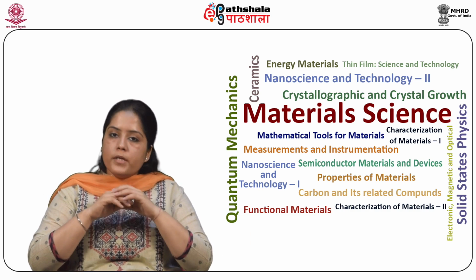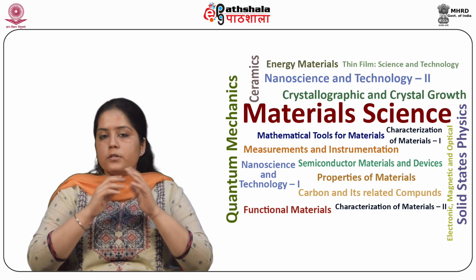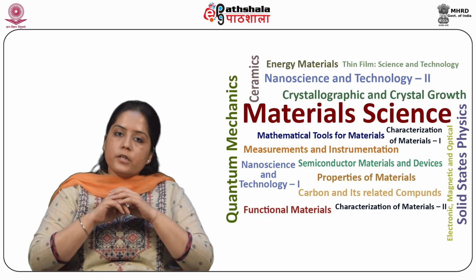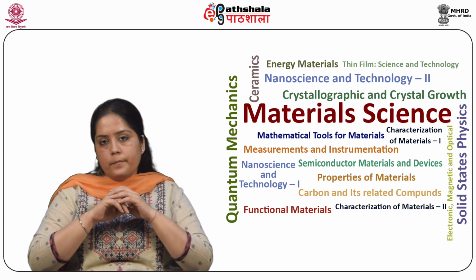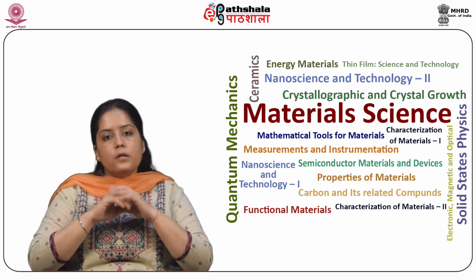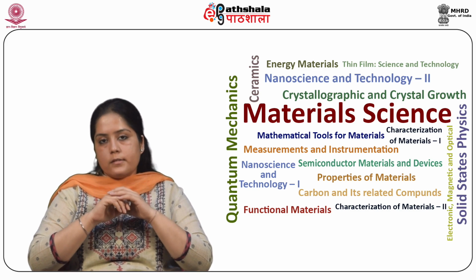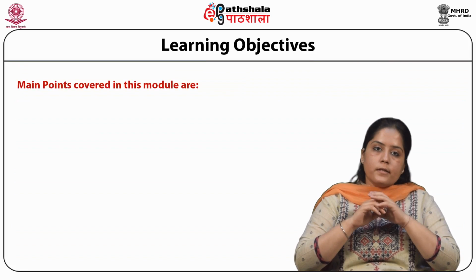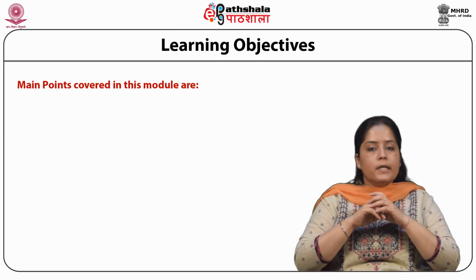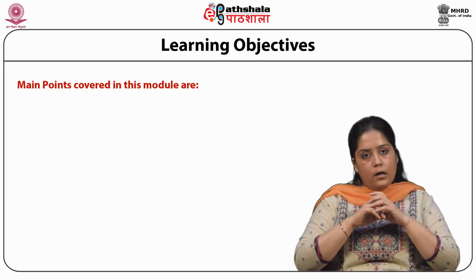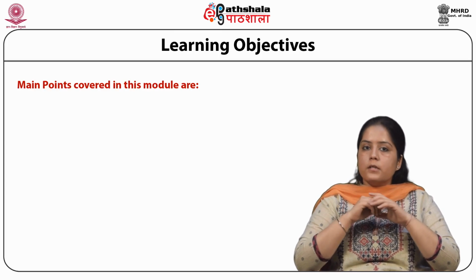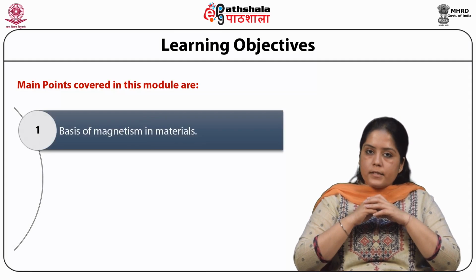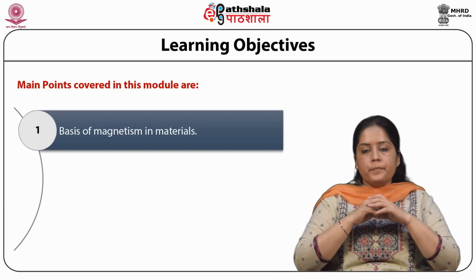Today we are going to discuss the module Introduction to Magnetism from the paper Functional Materials. The main points which will be covered in this module are: first, the basis of magnetism in the materials is discussed.